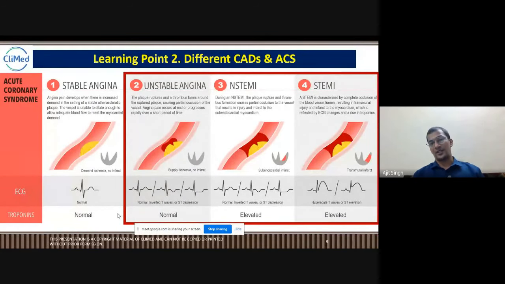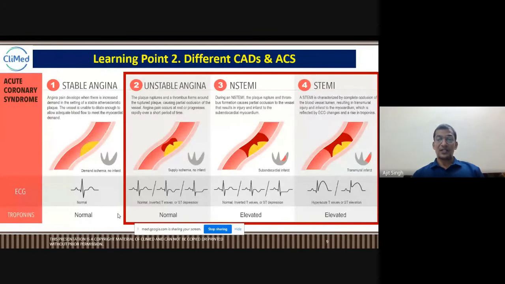And this is chronic. This is like non-frequent pains, occasional chest pain, right? But in this case, STEMI, NSTEMI, and unstable angina, you may need immediate treatment.